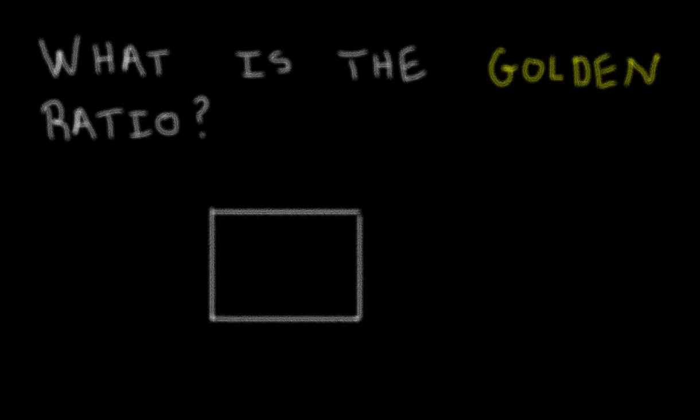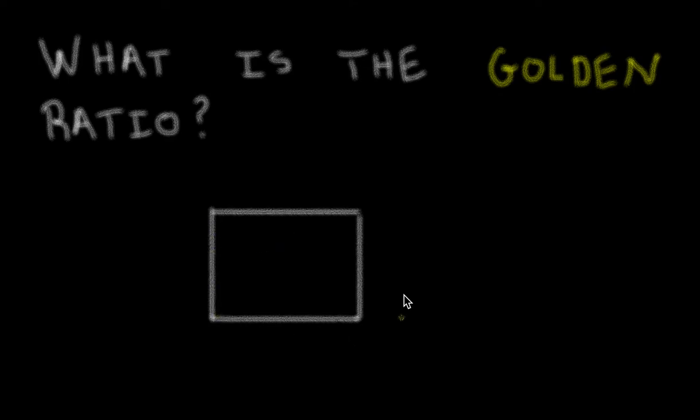A lot of people believed that a lot of the art and architecture that they used were based on this ratio. Some even say that the builders of the pyramids in Egypt used the golden ratio to make certain dimensions in this ratio. But we're going to give the definition in terms of a rectangle.